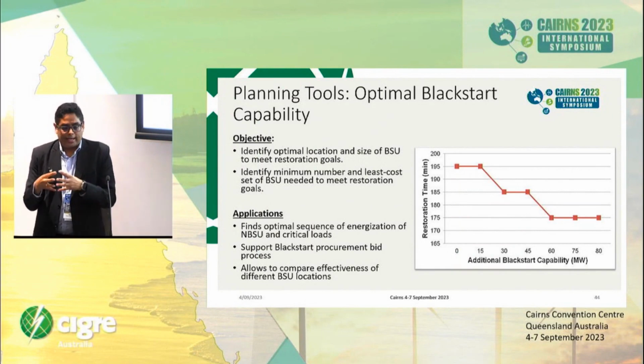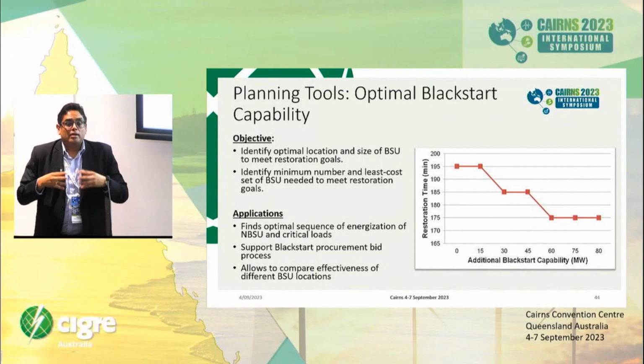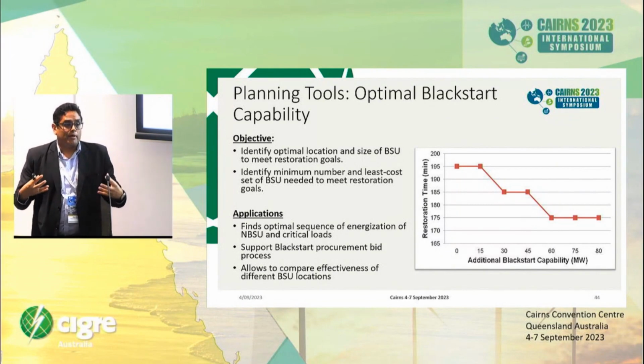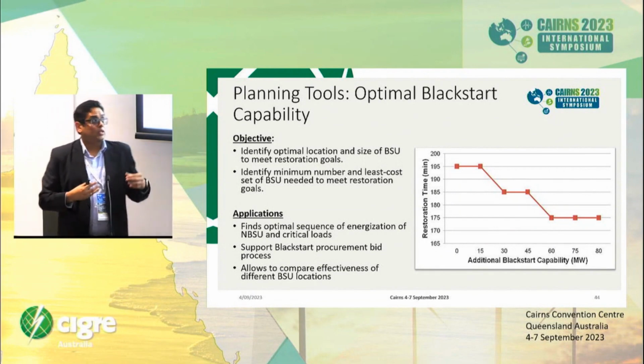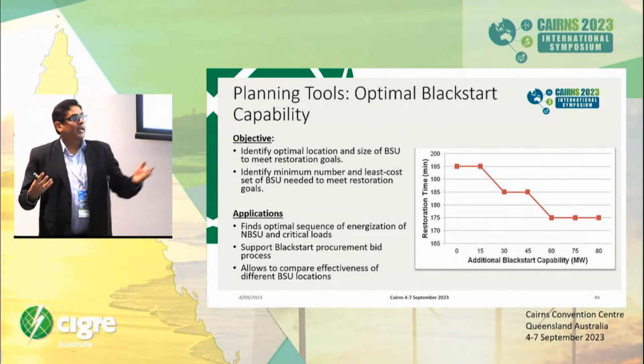It allows you to take a very holistic look at your system and try to maximize generation capability as soon as possible, and also minimize the pickup of critical load, so that once you have generation capability available, you can start your load restoration process. That's one of the tools, and I'm showing a very simple application here.